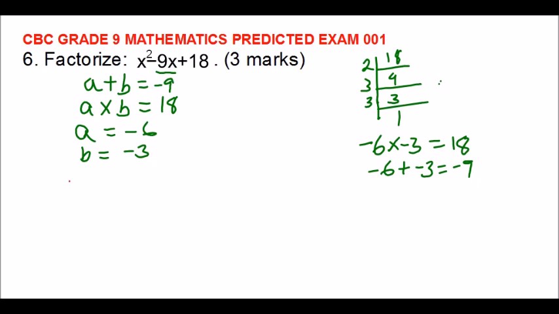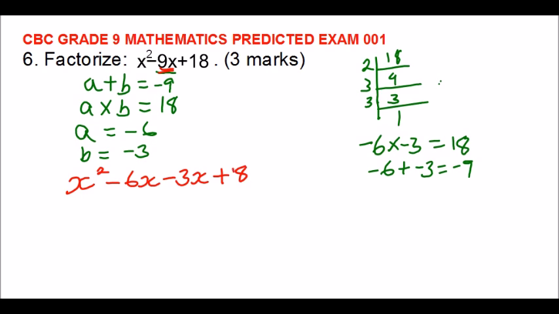From there, we modify our expression and write x squared. Instead of writing minus 9x, we write minus 6x minus 3x. It still remains the same because minus 6x minus 3x will still give us minus 9x. And then we say plus 18.